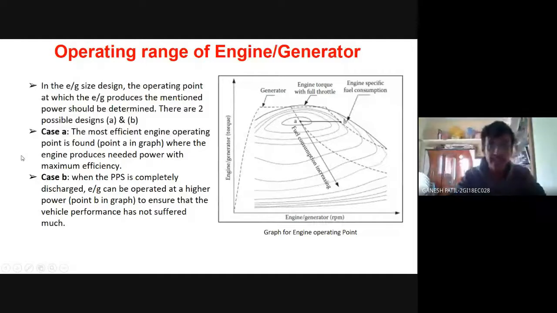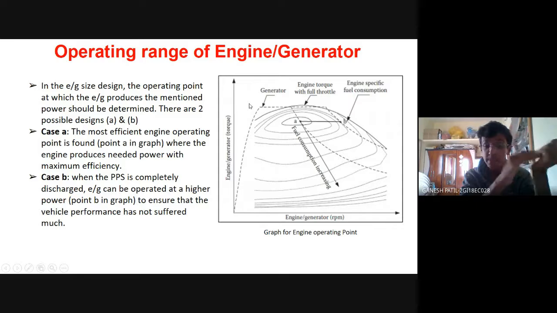So here in the graph we can see for case A, where the fuel consumption is very minimum, and the engine operates in a very efficient manner. But sometimes the batteries drain out. So when the batteries drain out, the engine has to charge the PPS, which is the peak power source, and also supply the power to the traction motor.